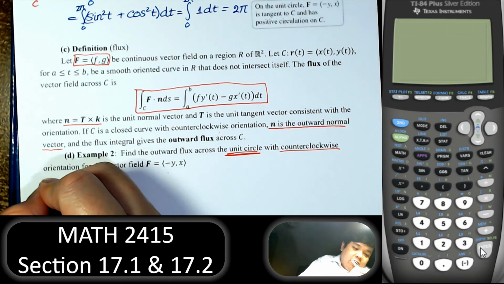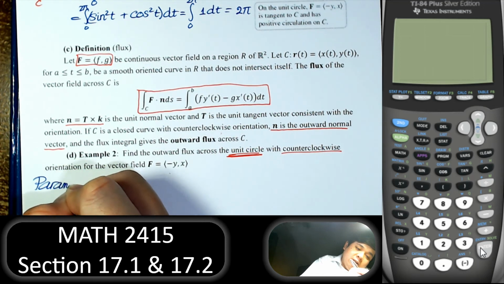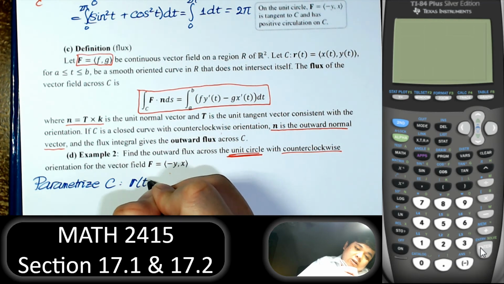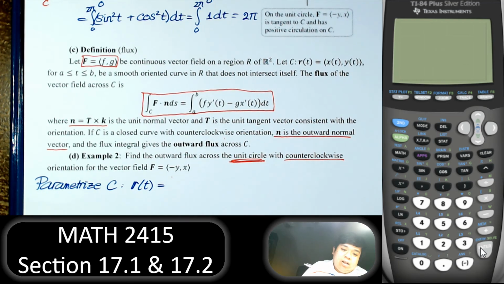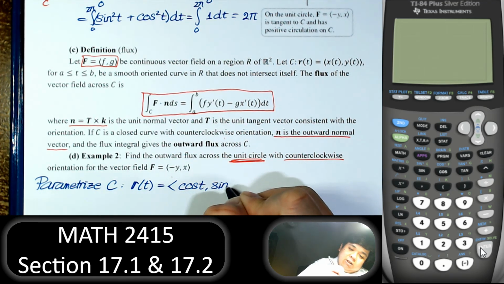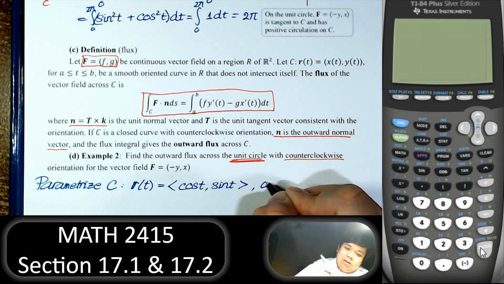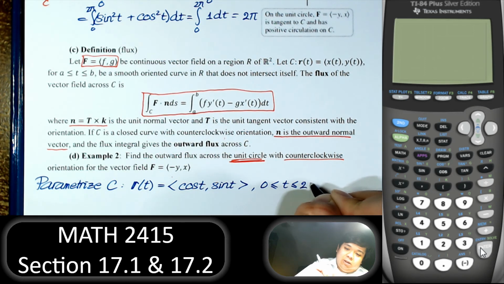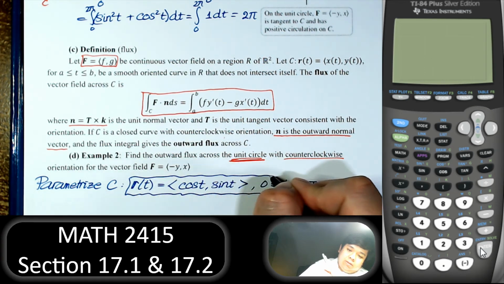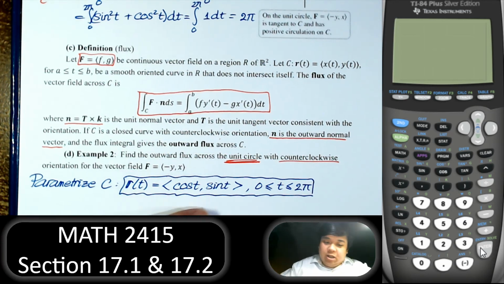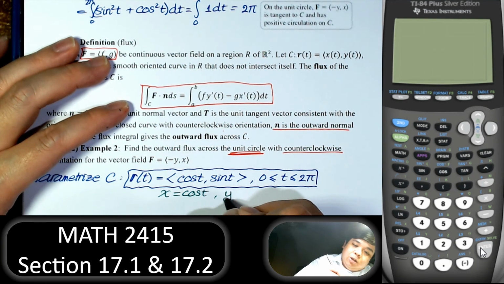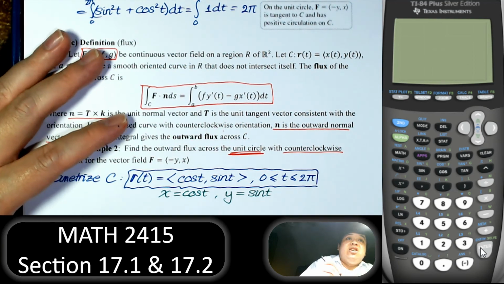So first, parameterize the curve. Right, unit circle counterclockwise, so that's just the standard cosine, sine. And of course x is cosine t, y is sine t. This is not the focus of this section though.